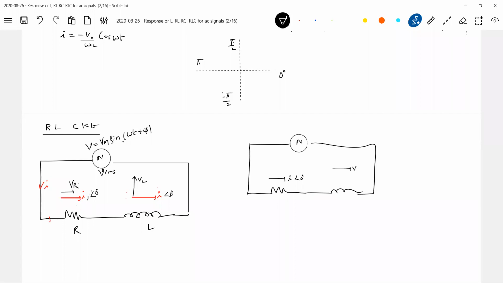What's wrong if I show it like this here? It's correct, no? Nothing wrong. We know across the inductor current should lag the voltage by 90 degrees.